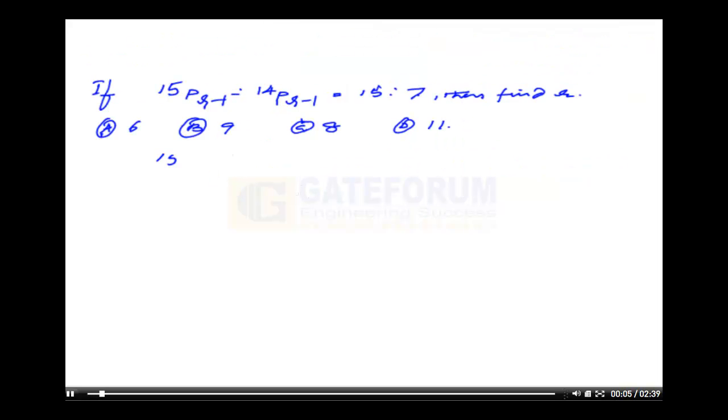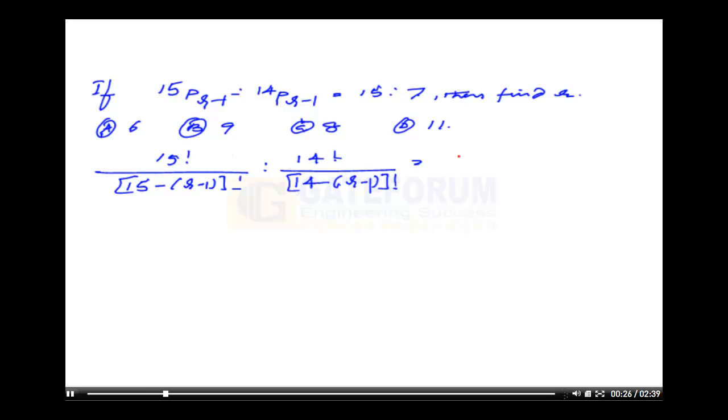So 15 factorial by 15 minus r minus 1 factorial is to 14 factorial by 14 minus r minus 1 factorial equivalent to 15 is to 7.